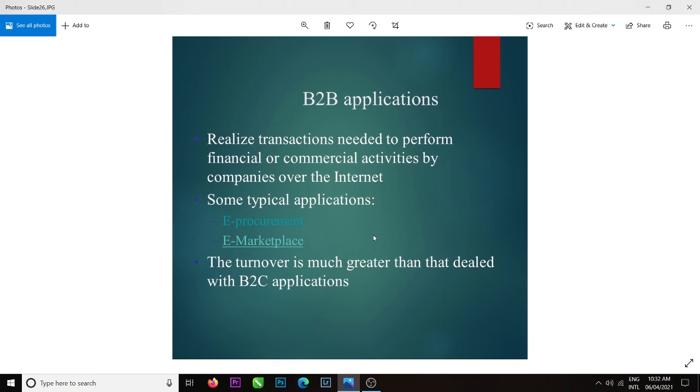Suppose I am constructing a building, so I need sanitary goods, then I will directly approach the company, business to business. Andhra Pradesh government is going to start supermarkets. So now the government will procure from the companies.